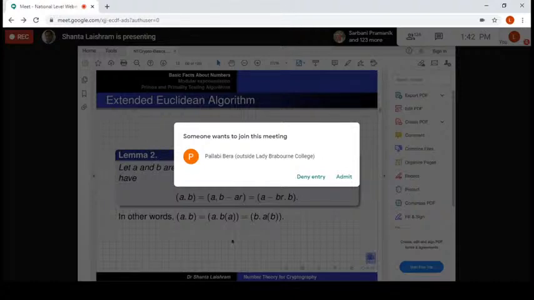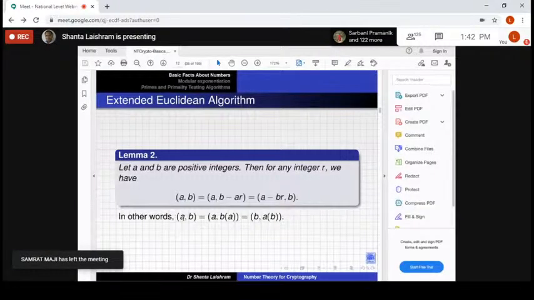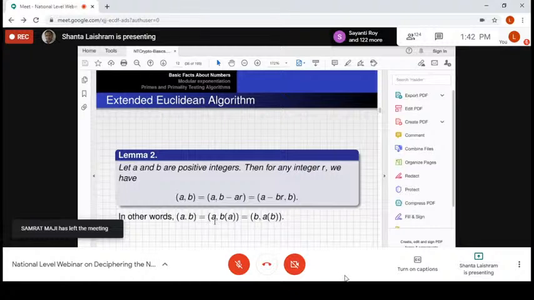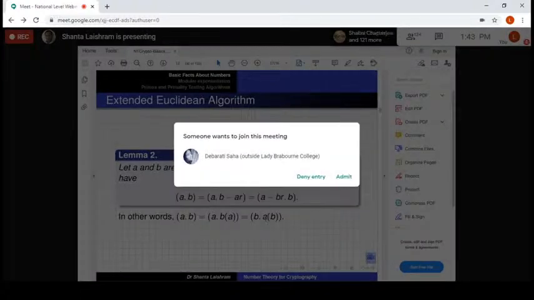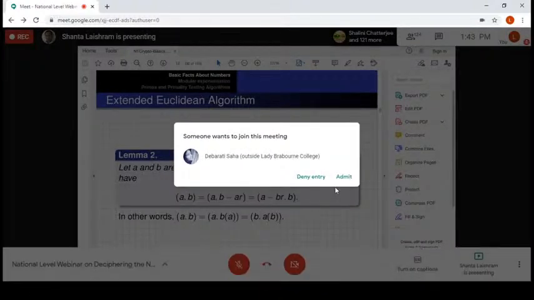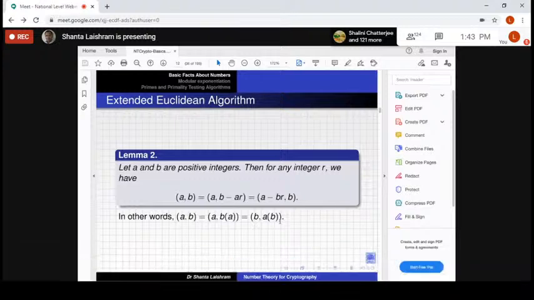In other words, GCD of A and B is the same as the GCD of A and the remainder of B when divided by A, or GCD of B and the remainder when A is divided by B. So that's the main thing coming from this lemma. To find the GCD of two numbers, you just have to look at the remainder of one of them. Take the GCD of the smaller number with the remainder of the bigger number when that is divided by the smaller number.